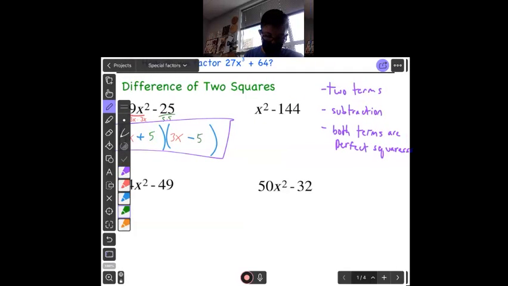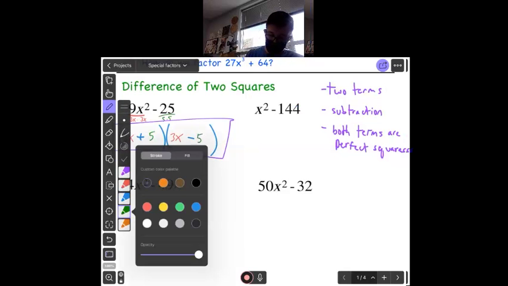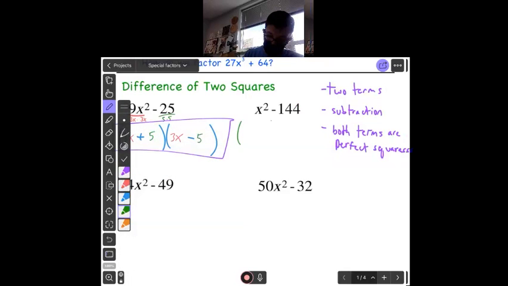And look at the next one. Does it have two terms? Yes. Does it have subtraction? Yes. Are both terms perfect squares? X squared, well, that's x times x. 144, that's 12 times 12. Yep. All right, hits all the boxes. I need two sets of parentheses. I need a plus and a minus. It doesn't matter what order you write them in.